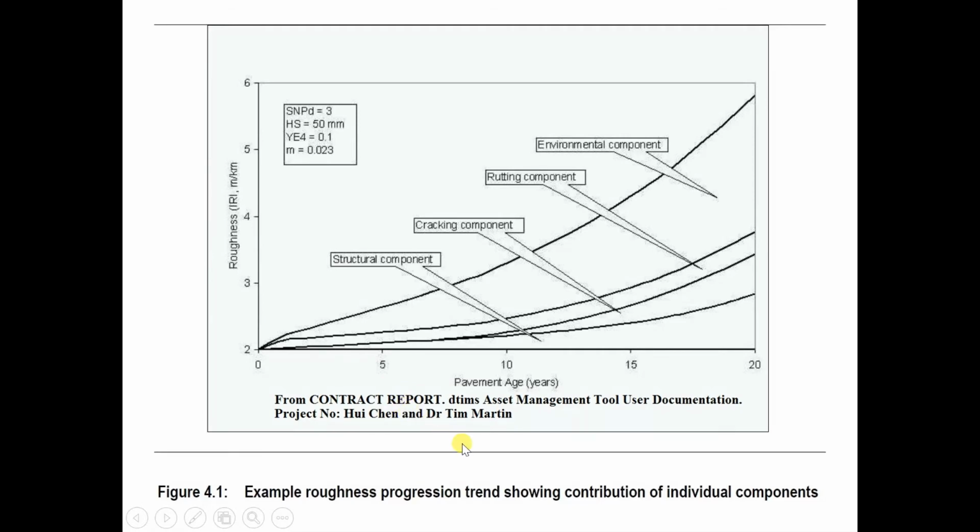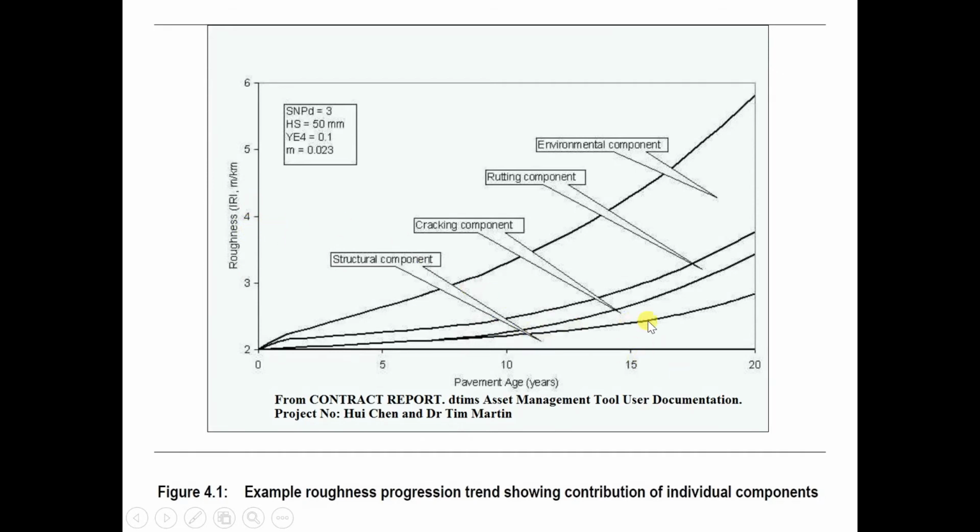Again, I need to point out that the units are different. It's not standardized. Just now the one we saw was 16, but this one is in US units, which go up to 6. But the thing is, what are the things that contribute to the roughness of the road?